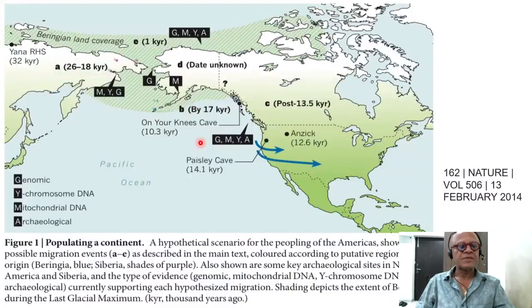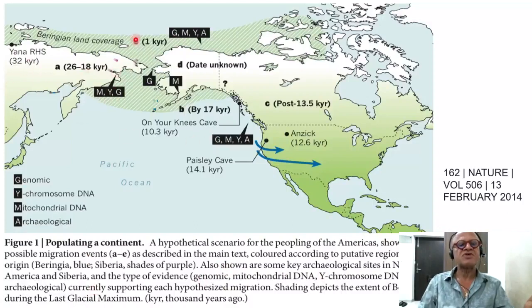Okay, this is another one talking about populating the continent. Here you are talking about Beringian land coverage, 1 kilo a year. This is from a paper: a hypothetical scenario for the peopling of the Americas showing possible migration events A to E, as described in the main text of this paper in Nature, colored according to putative region of origin, Beringia, Siberia.